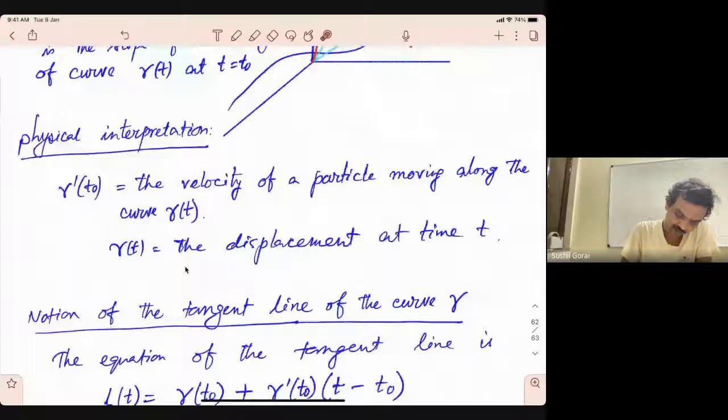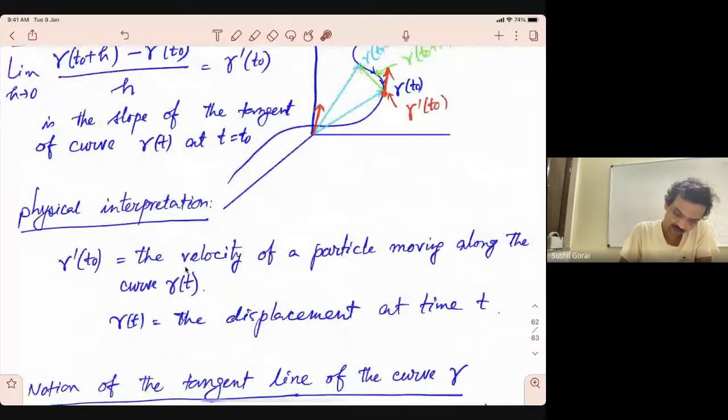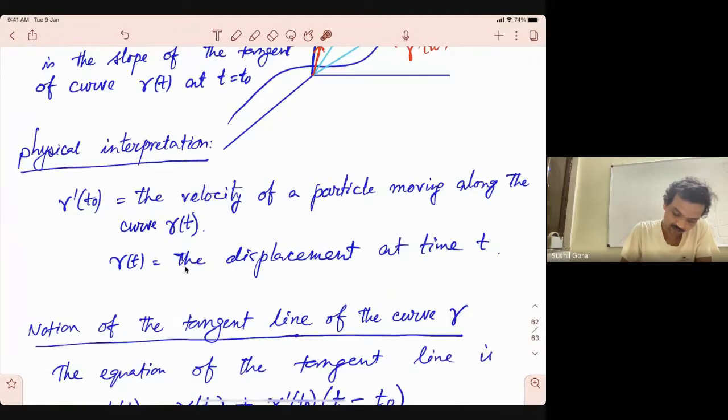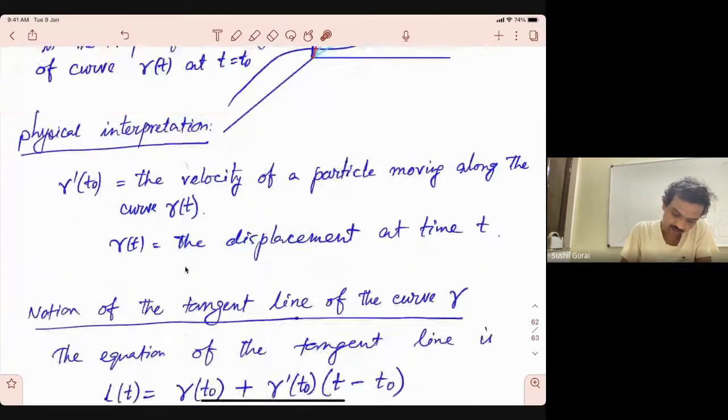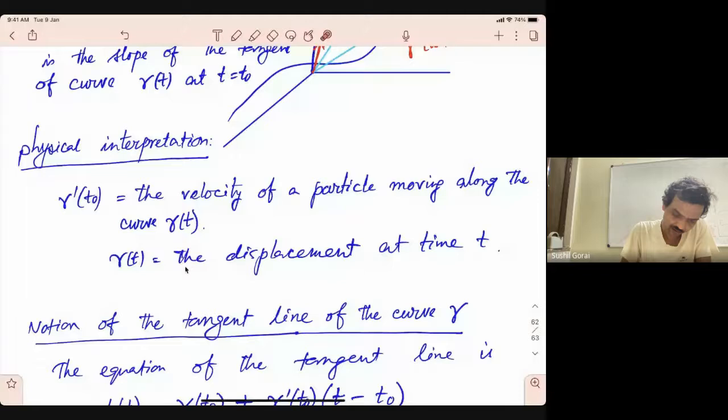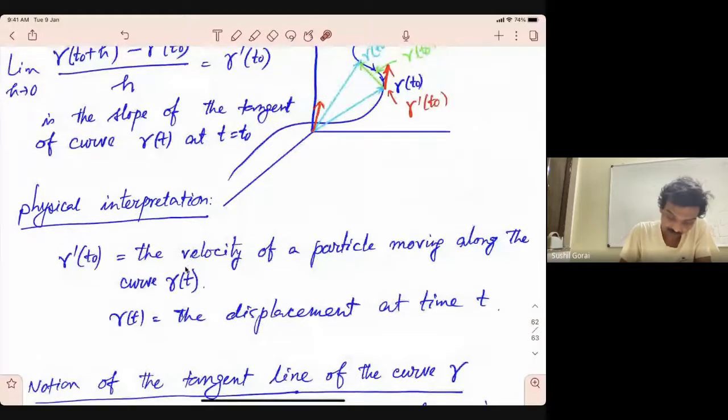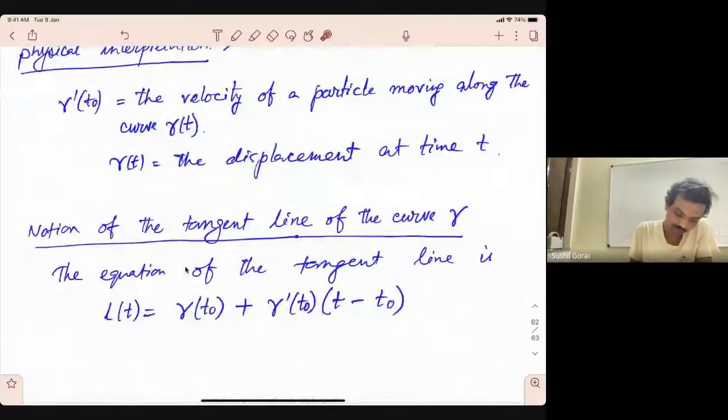So we shift this here, right? And how do you shift such things? Of course, you have the translation. So we do this translation.